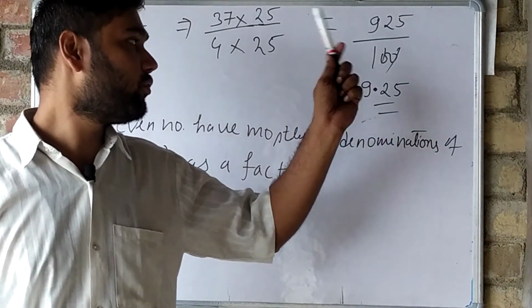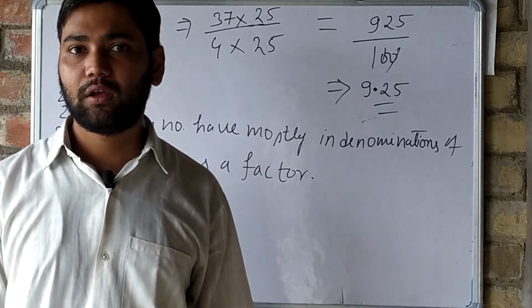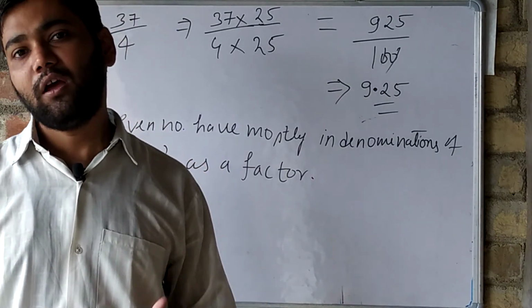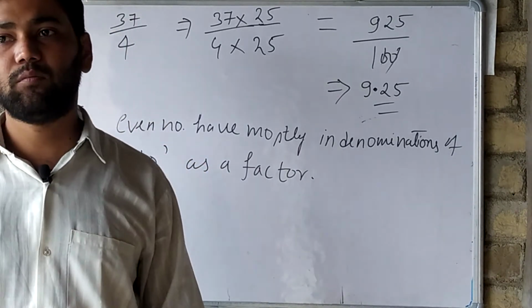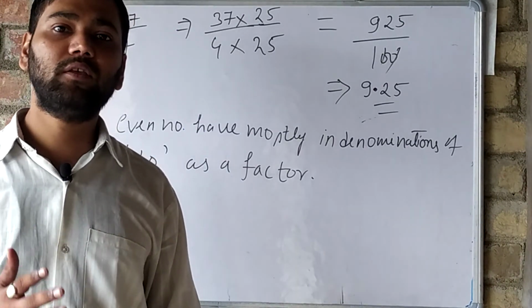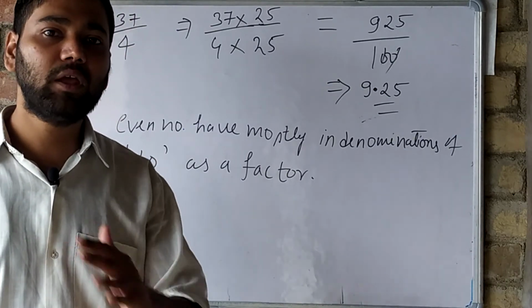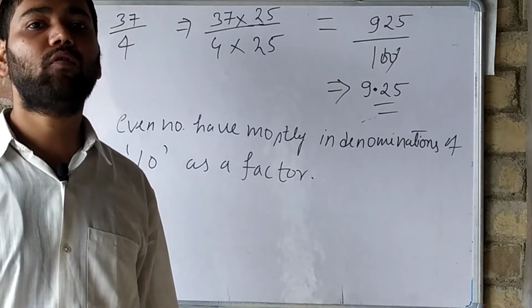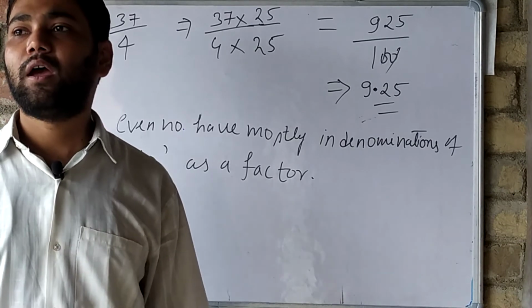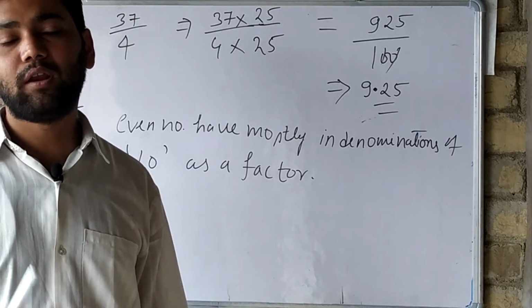Then we remove the zeros and place the decimal before, so it is converted. This is the way of converting fractions to decimals in which the denominator is not in terms of 10. We have to make the denominator in terms of 10, and it is easy if the denominator is an even number.